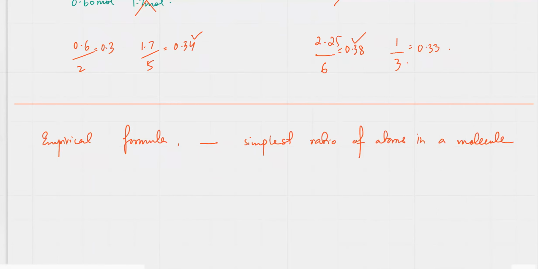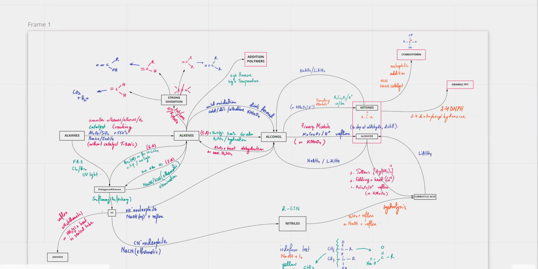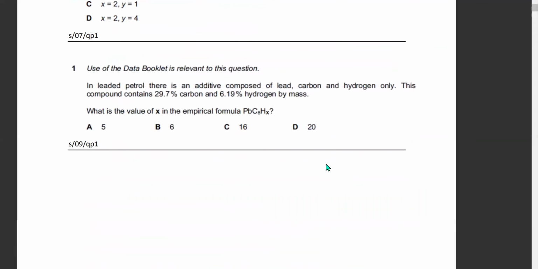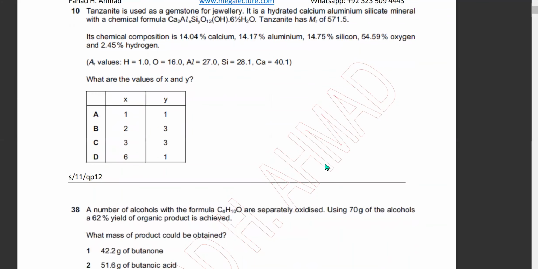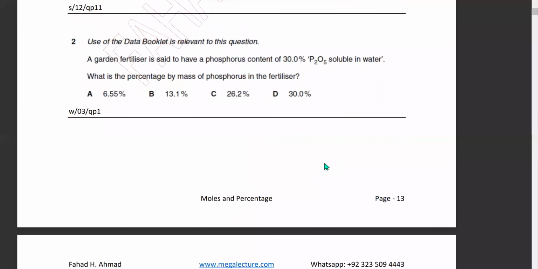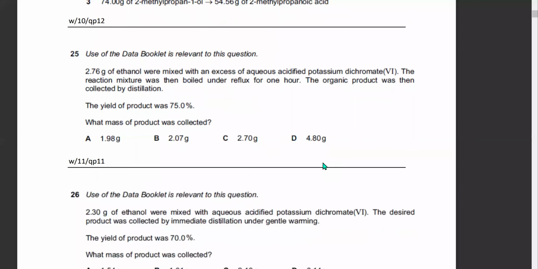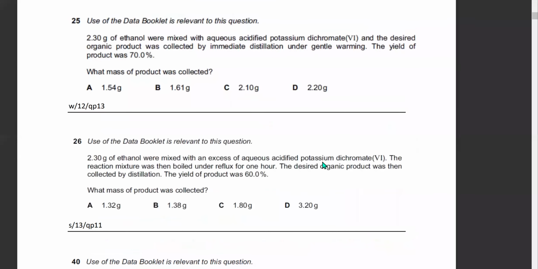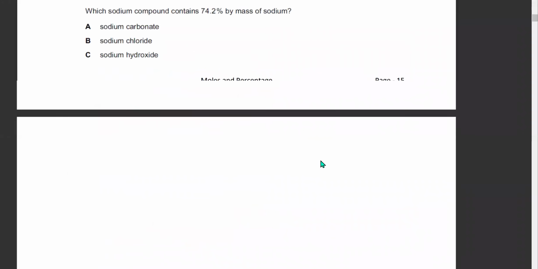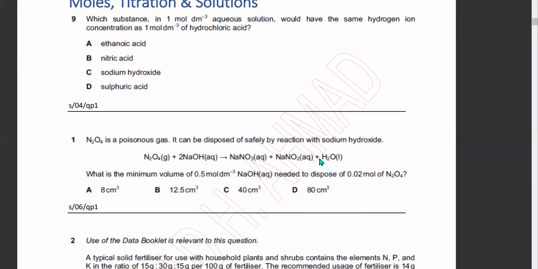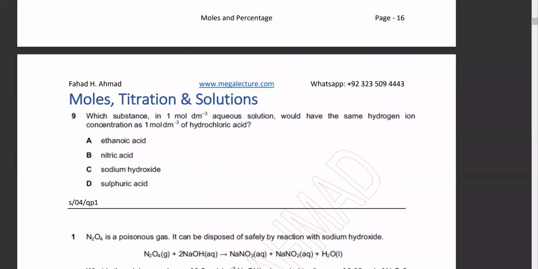So how do you find the empirical formula? For example, in this one, where's the question? So for example, in this one, he's saying that there's an oxide, but you forget that. Let's do an empirical formula question. That's too long. Let's see, 1 second. Where are all the empirical formula questions? Just a second. Is there?